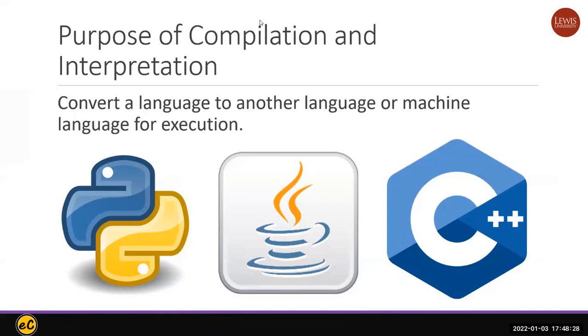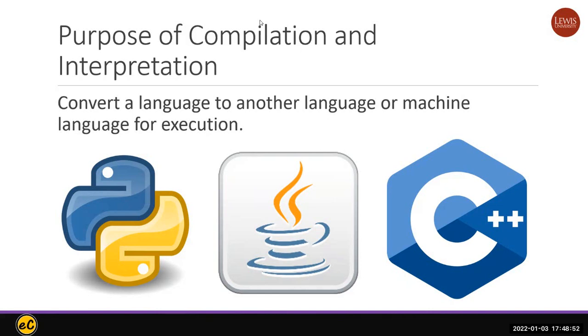These terms are now more vague than before. In the old days, compilation and interpretation were totally different things. But nowadays, a lot of programming languages are hybrid or even mixed, so compilation and interpretation are sometimes intertwined.